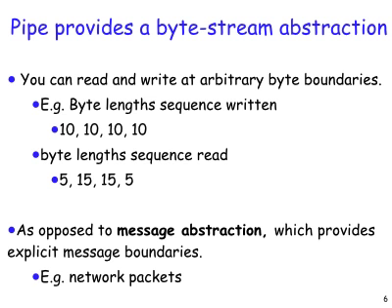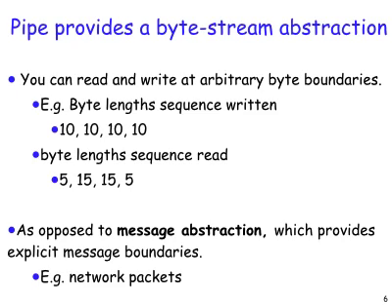A pipe provides a byte stream abstraction for communication, which means that there are no explicit message boundaries. For example, the writer can write 10 bytes at a time, but the reader can first read 5 bytes, then read 15, then read 15 again, and then 5.